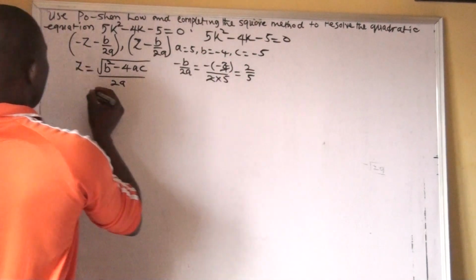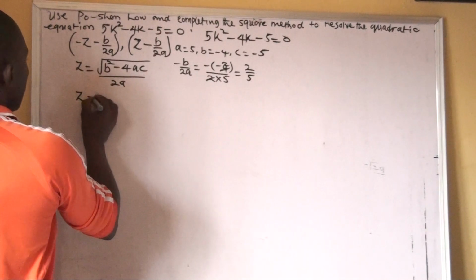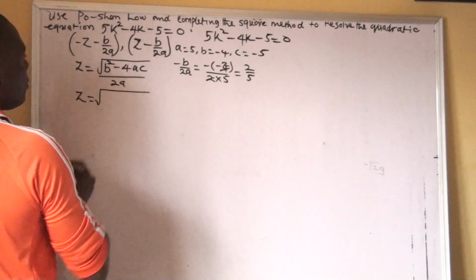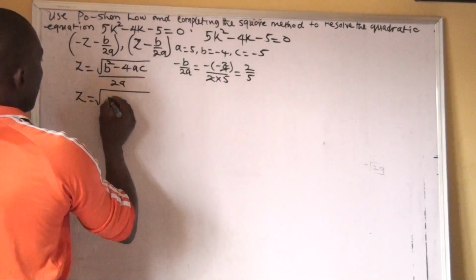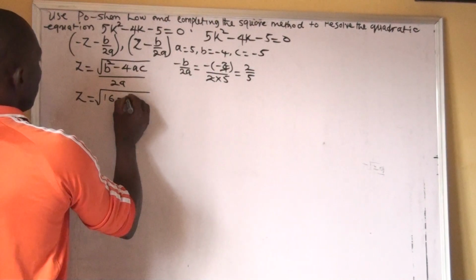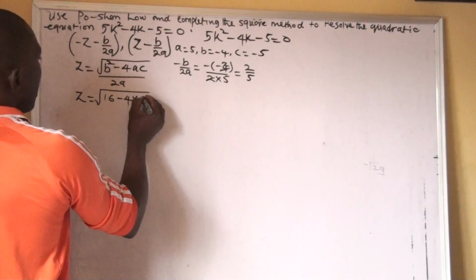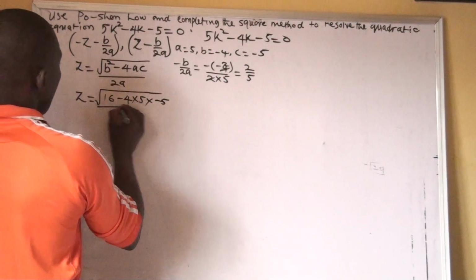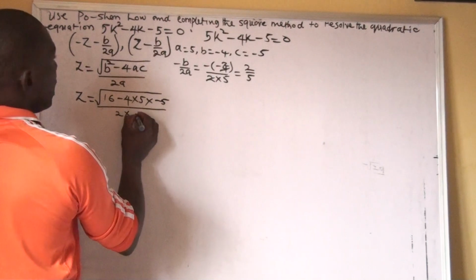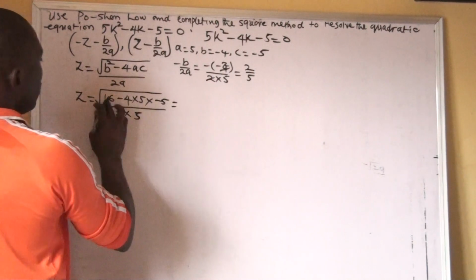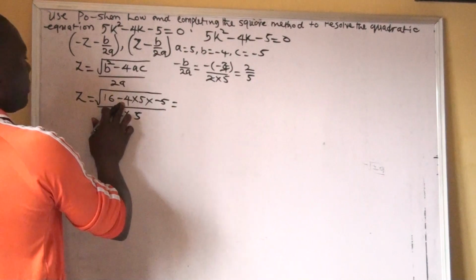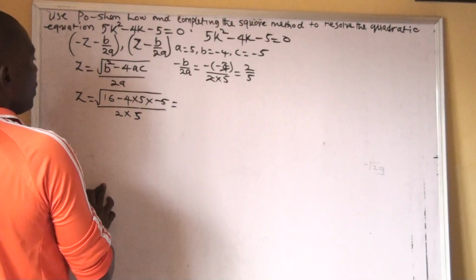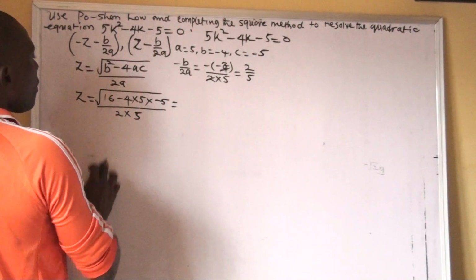Next, let's find the value of z. We said z is the square root of b squared, which is 16, minus 4 times a, which is 5, times c, which is minus 5, all over 2 times a, which is 5. So minus 4 times 5 is minus 20, and minus 20 times 5 will give us 100.